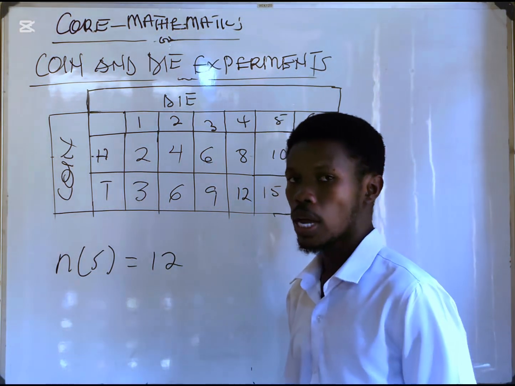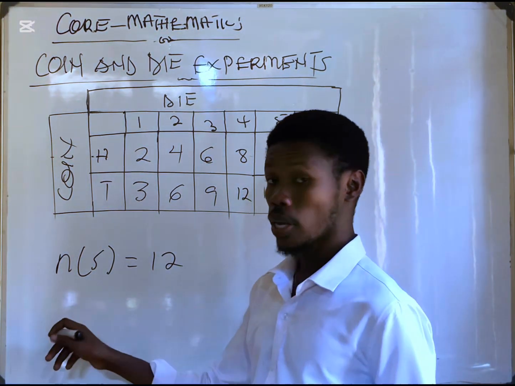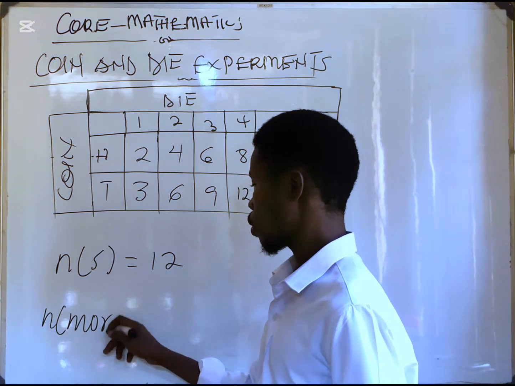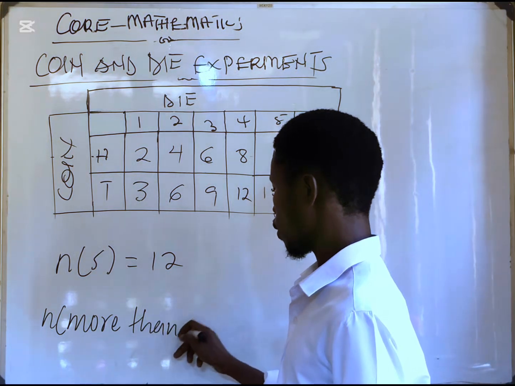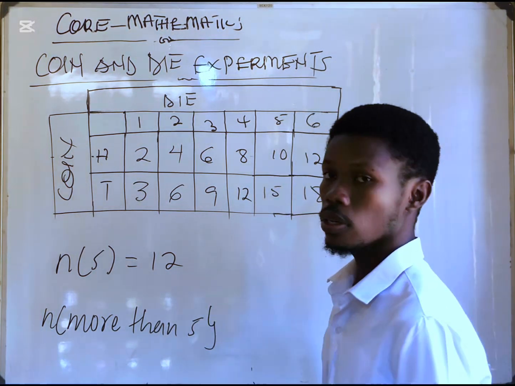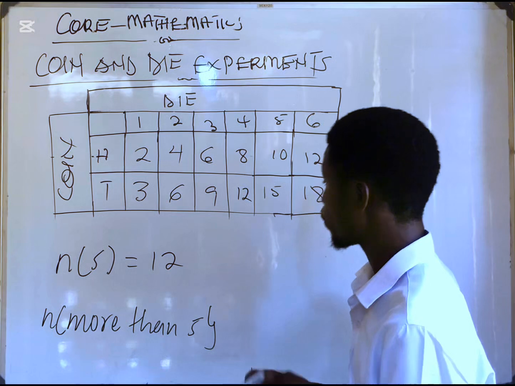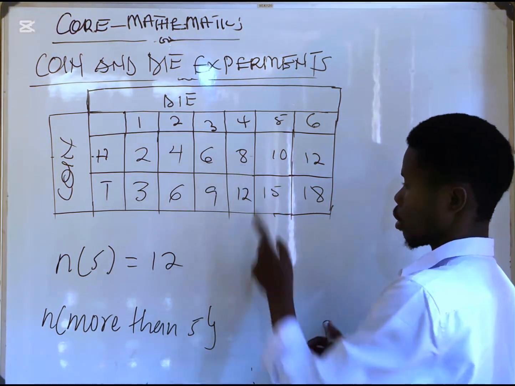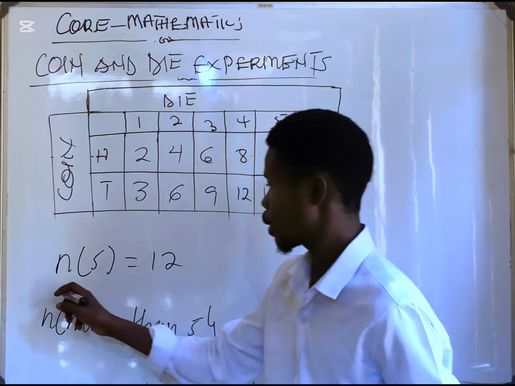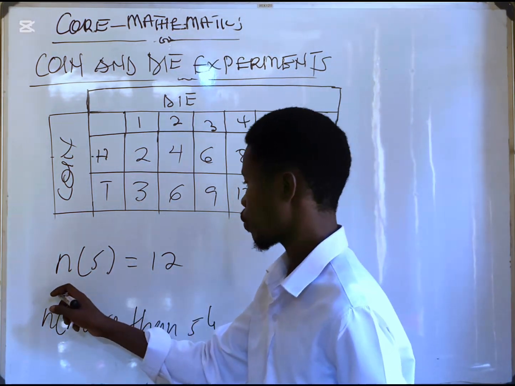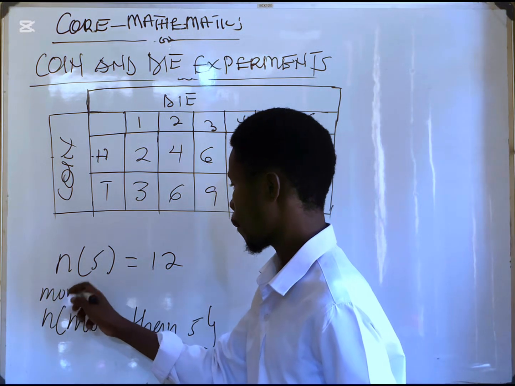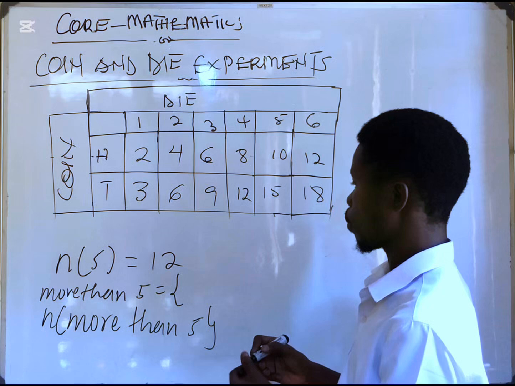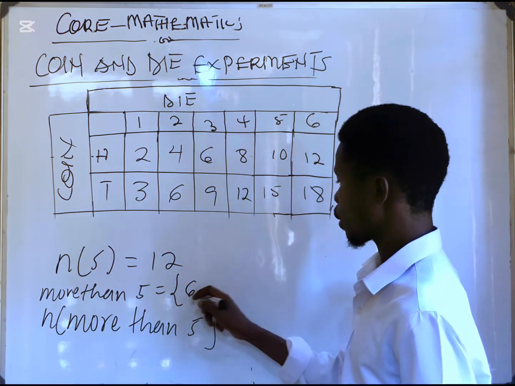Is that okay? Now you want a score of more than 5. So let's look for the event of scoring more than 5. Let me list them first. Getting more than 5, you can have 6.